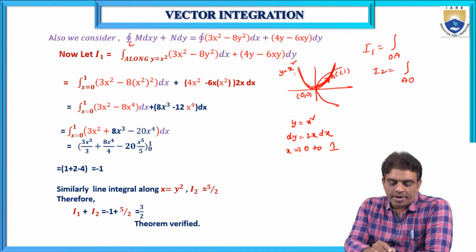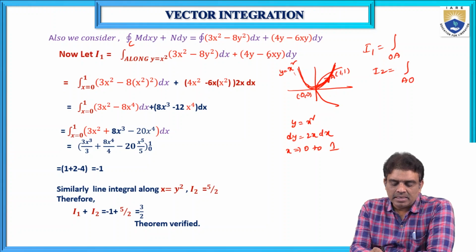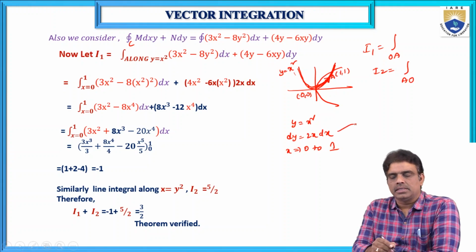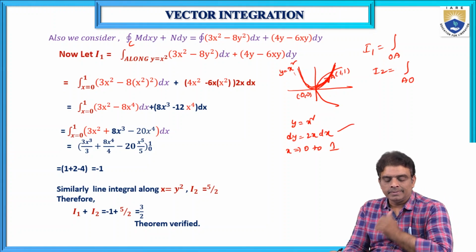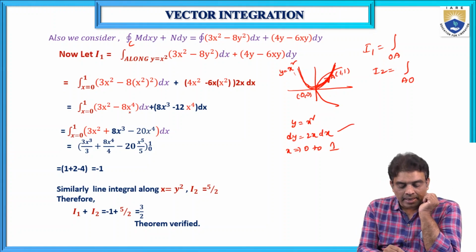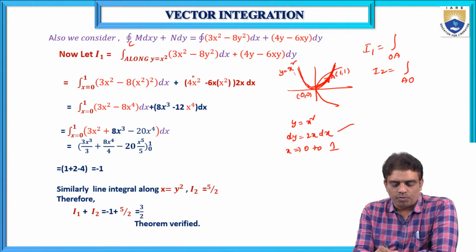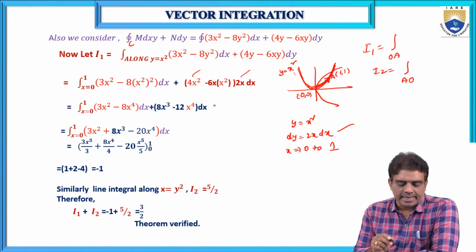Plus 4 into y means x square again, minus 6x into y means x square again, dy means 2x dx. So I'm substituting all the terms. You'll get integral 0 to 1, 3x square minus 8x power 4 dx plus 8x cube minus 12x power 4. 4x square into 2x is 8x cube, minus 6x cube into 2x, that is 12x power 4 dx.